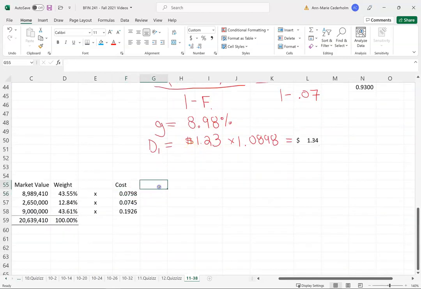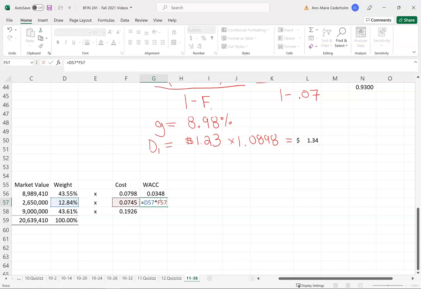So now when I calculate the weighted average cost of capital, we're going to do 43.55% times 0.0798. We'll do these to 4 decimal places. I take 12.84% and multiply that by 0.0745.